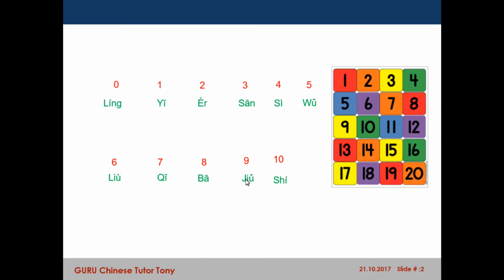The last one, 十. So that is the numbers from 0 to 10.